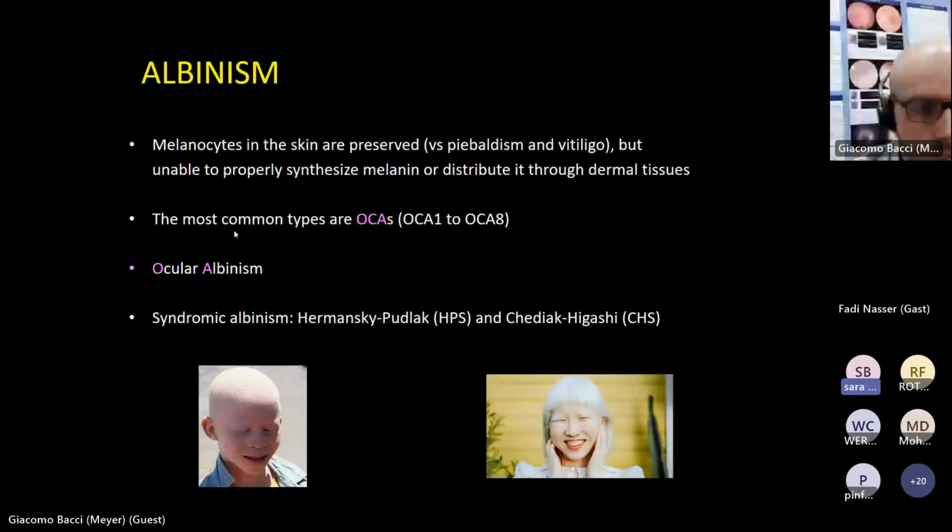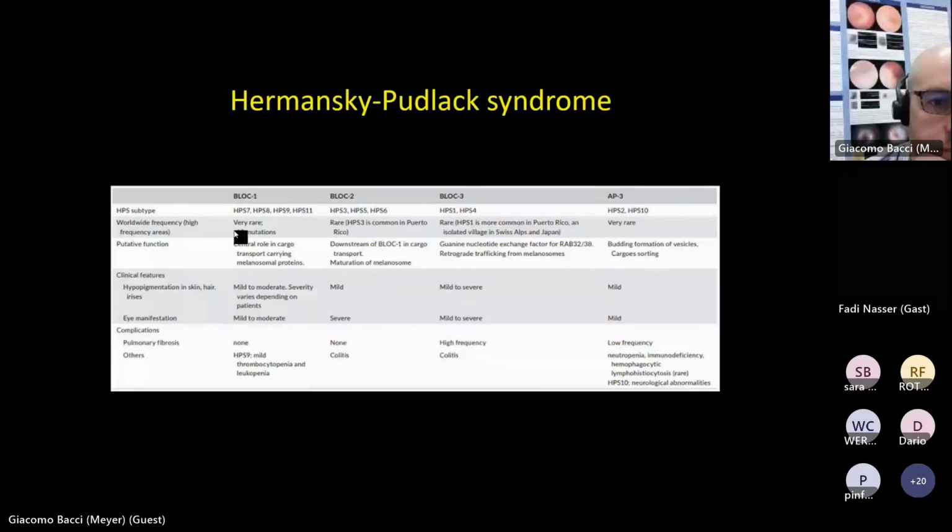And the most common types are oculocutaneous albinism, followed by ocular albinism and the syndromic forms of albinism, like Hermansky-Pudlak or Chediak-Higashi. Chediak-Higashi is quite rare, Hermansky-Pudlak instead probably is more common than what we think, because especially for HPS1 and HPS2 gene mutations, these occurrences were quite mild phenotypes, so they probably can go underdiagnosed or incorrectly diagnosed as albinism or ocular albinism.